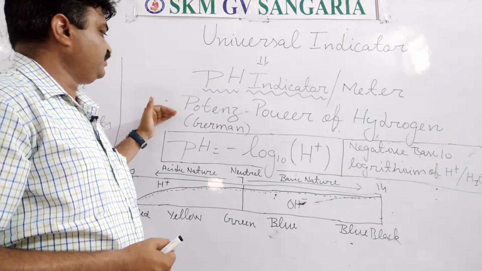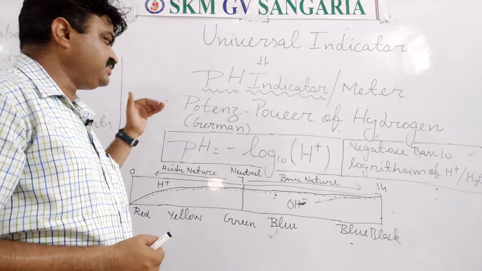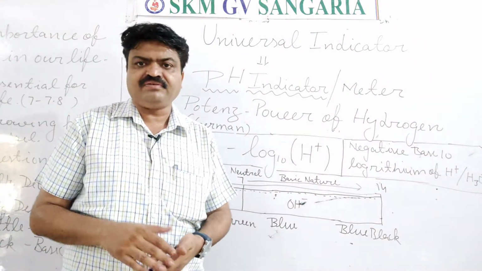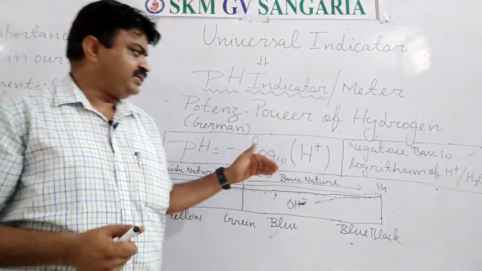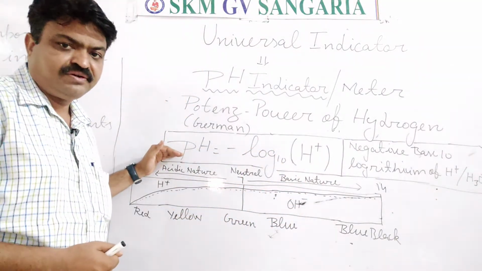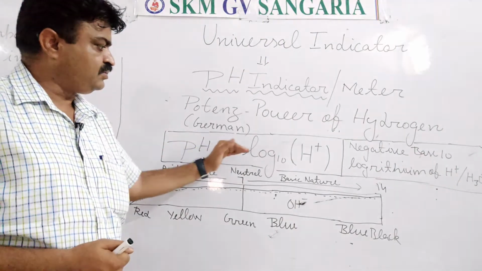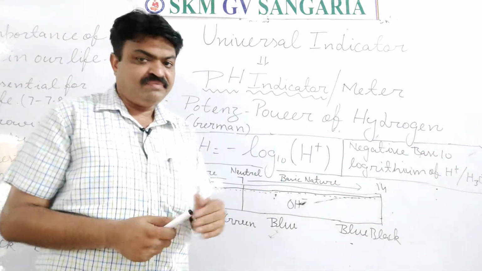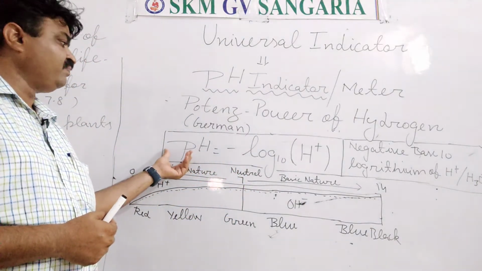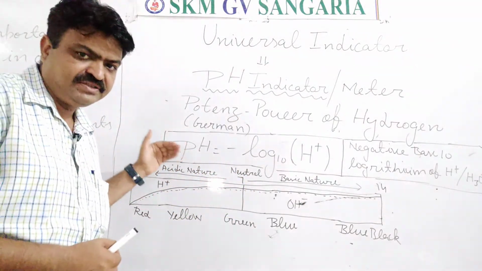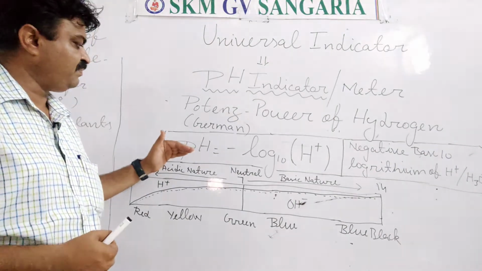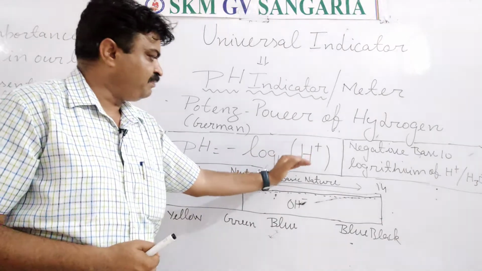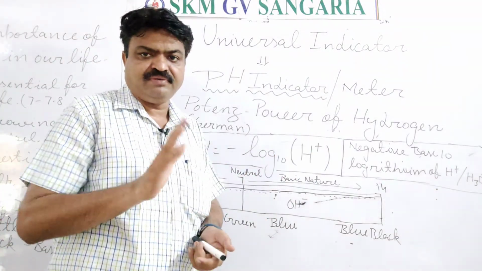Now in this, there is another definition that you can also write, and this definition you will read in your higher classes. What is it, student? pH is equal to minus log 10 hydrogen ion or hydronium ion. Means this formula you can also learn, and with the definition you can write this formula: pH is equal to minus log 10 in bracket hydrogen or hydronium ion.